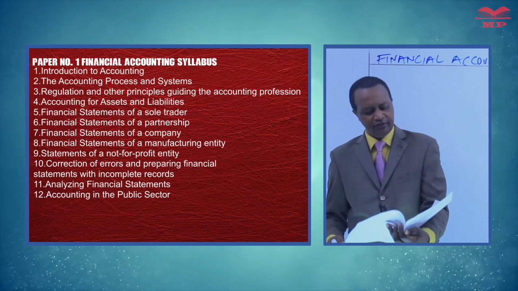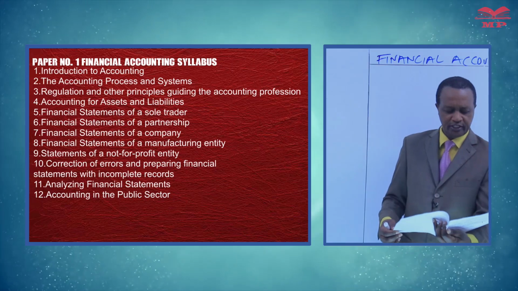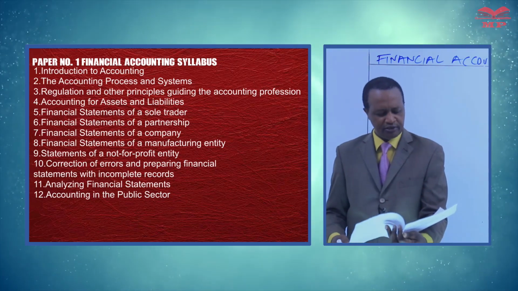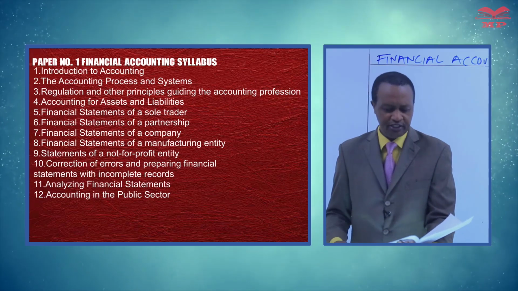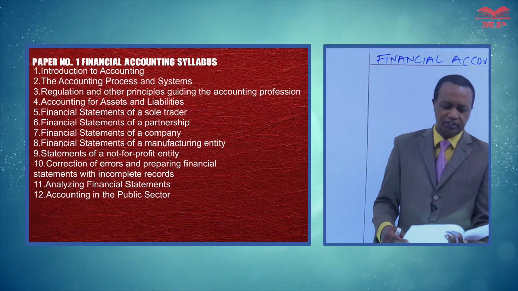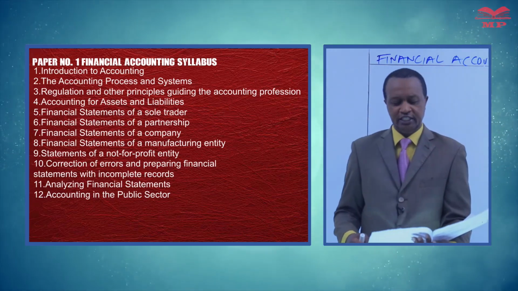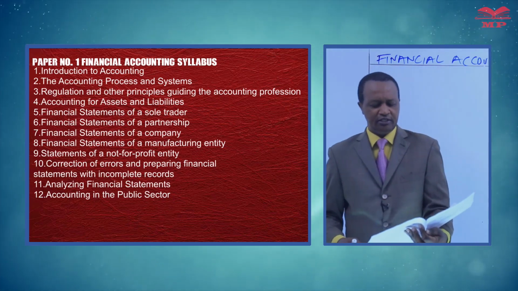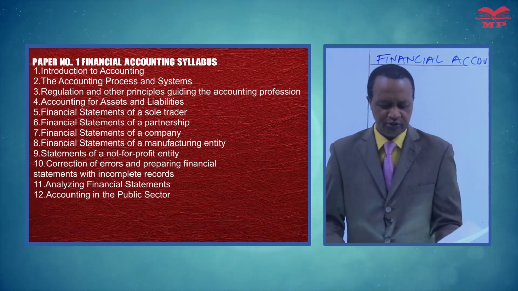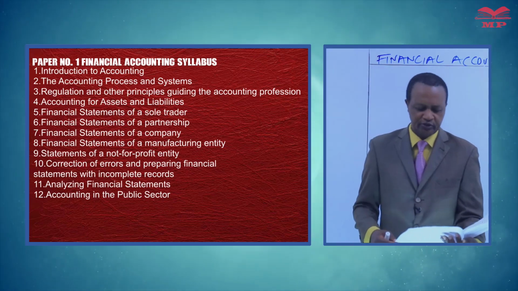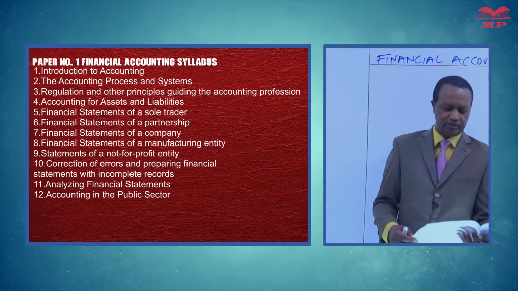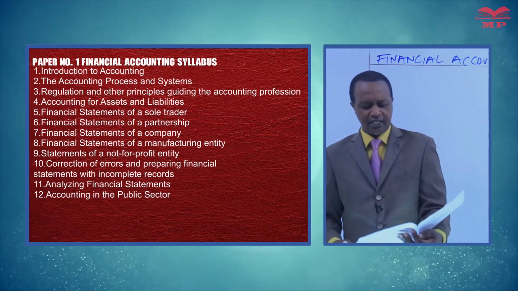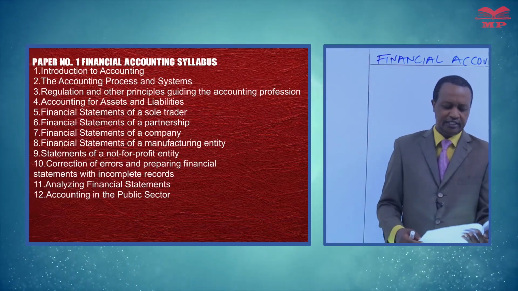Number 5, financial statements of a sole trader. Number 6, financial statements of a partnership. Number 7, financial statements of a company. Number 8, financial statements of manufacturing entity. Number 9, statements of not-for-profit entity. Number 10, correction of errors and preparing financial statements with incomplete records. 11, analyzing financial statements. 12, accounting in the public sector. These are 12 topics.